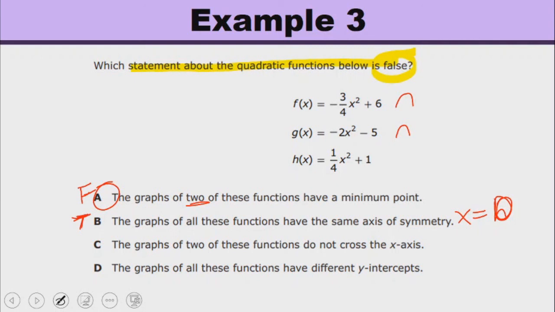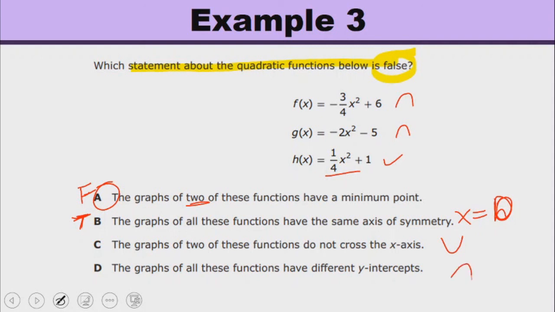The graphs of two of these functions do not cross the x-axis. For a quadratic graph not to cross the x-axis, if it is opening this way, it must have been moved up. So yes, this is positive, it has been moved up. So that is true.